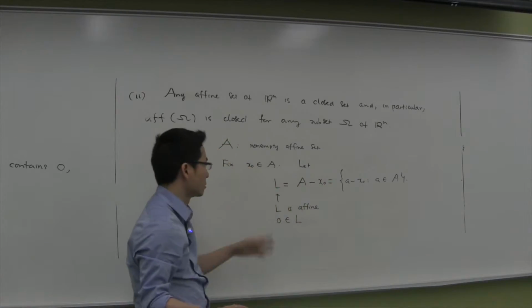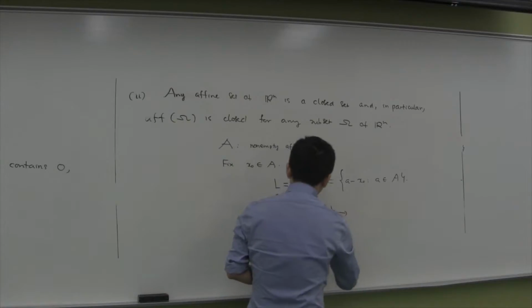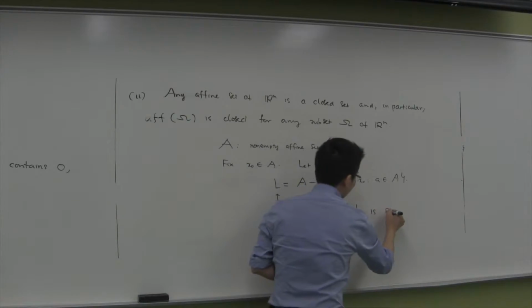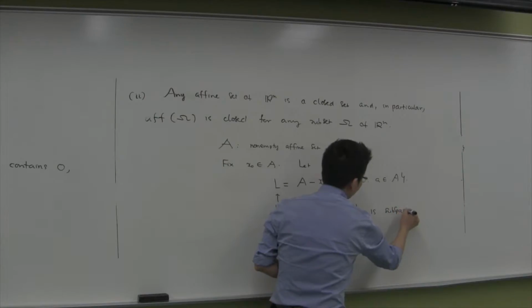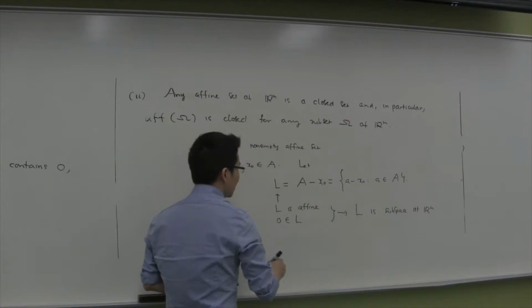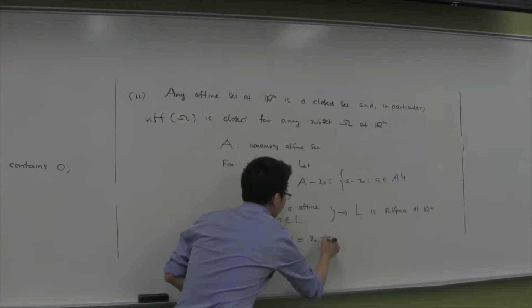So from here and the previous remark, we see that L is a subspace of Rn. And from this representation, we can see that A is x0 plus L.